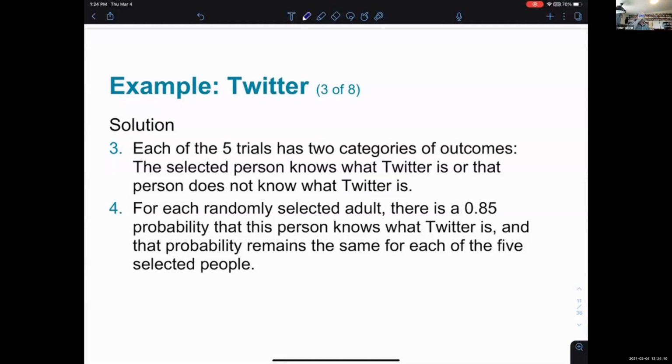And for each randomly selected adult, for number 4, there's an 85% chance of picking somebody that knows what Twitter is, and that remains the same every time I pick my 5 people. 85% on the first one, second one, third one, all the way to the 5th one. So those are the criteria for a binomial probability distribution, so that's what we have here.